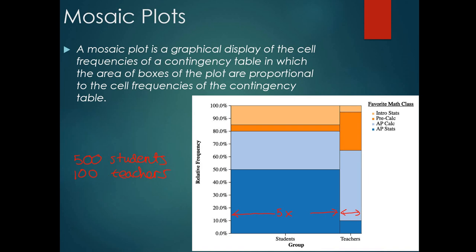And then you could say, oh, okay, so numbers wise, it may not be that different how many people liked pre-calc in teachers versus students. It's just proportionally the total number is smaller for teachers.